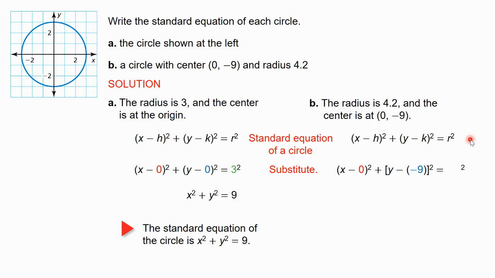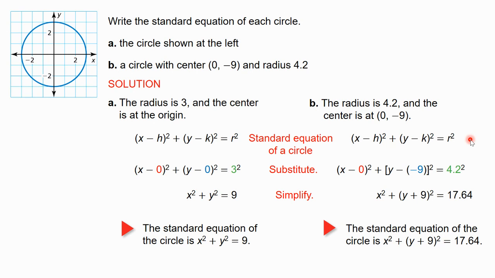And then you plug in your radius, which is 4.2, and you square that. And this ends up simplifying to x squared plus the quantity of y plus 9 squared equals 17.64. So that would be our standard equation, also known as center-radius form.